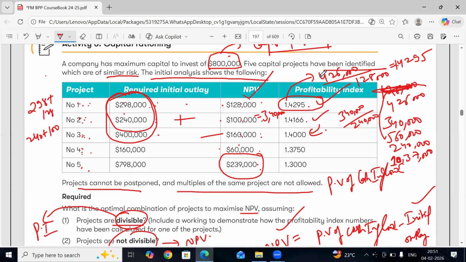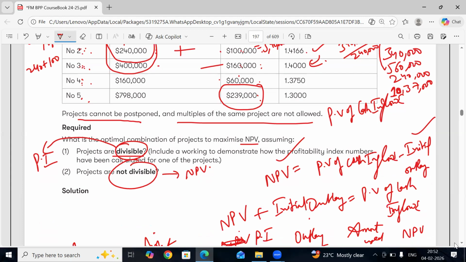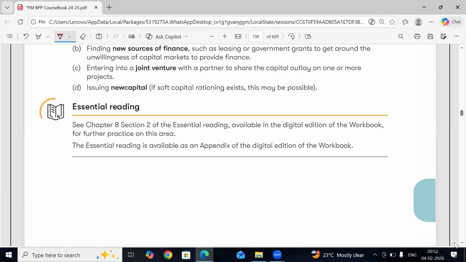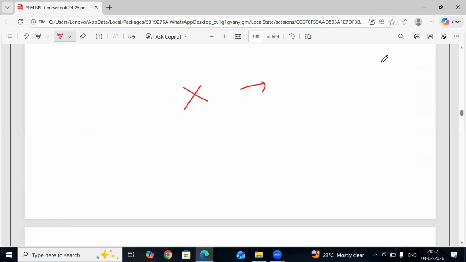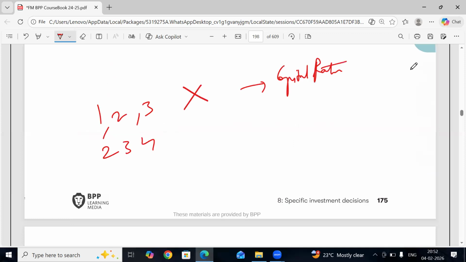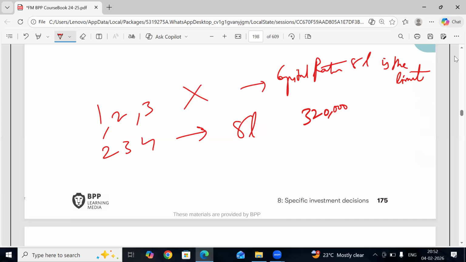I'm saying NPV total, not total investment. It is 3,20,000. 8 lakh is the limit, and the investment is exactly 8 lakhs, so 2, 3, 4 is within the limit, and the NPV is 3,20,000. Next, we will take the next combination.